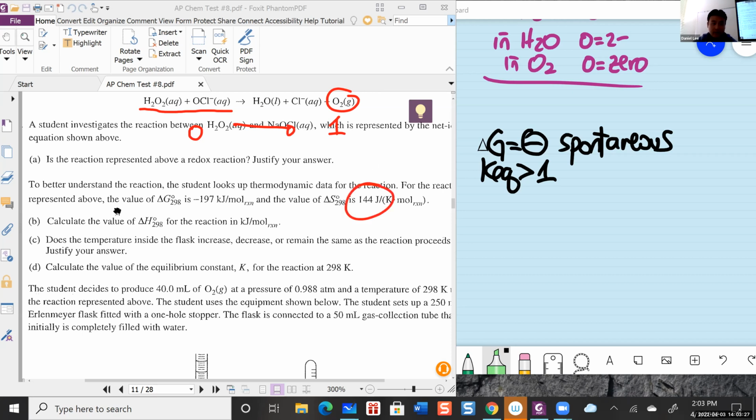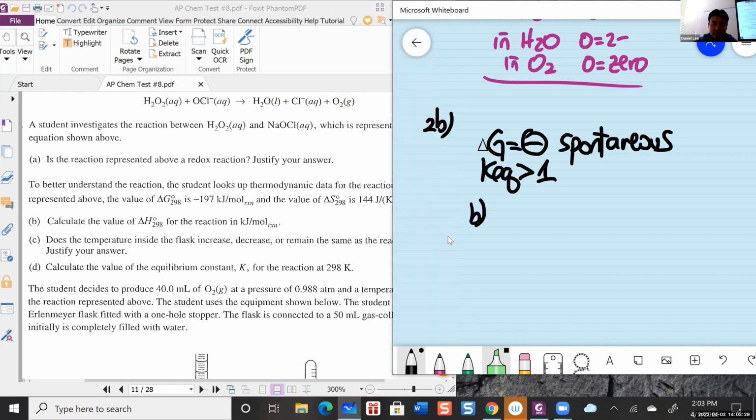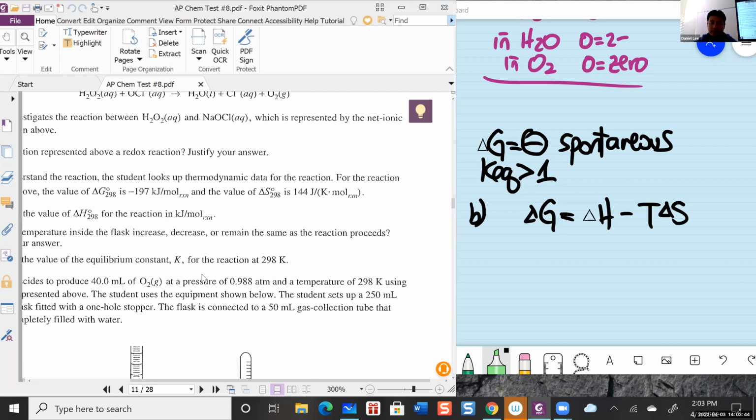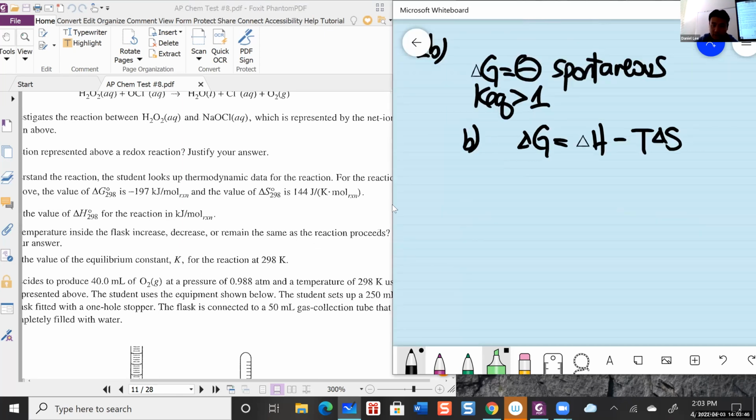Alrighty. So the question is part B. They want you to use that information and this equation, delta G equal to delta H minus temperature times delta S, to find out what delta H is. So when we plug this in, often people know the equation, but they plug in incorrectly. So if I plug in 197, solving for delta H, temperature is 298 if you're not told, and I plug in 144. What did I do wrong here?